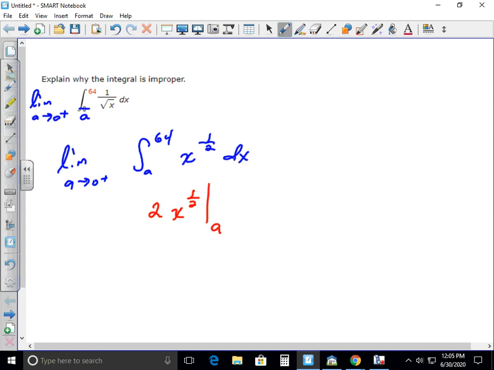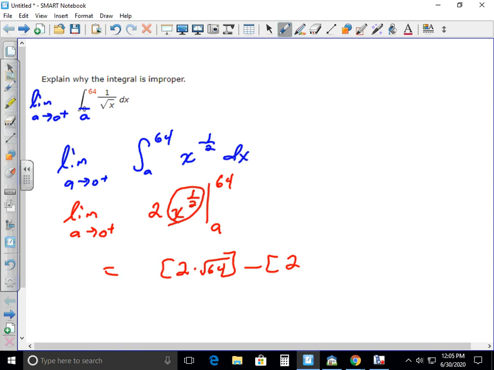We're going to evaluate that from a to 64, and then take the limit as a approaches 0. If we substitute in 64, we get 2 times the square root of 64. And if we substitute in a, we get 2 times the square root of a. And then we need to take the limit of that as a approaches 0.